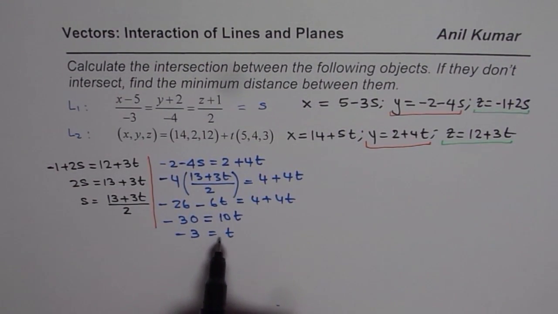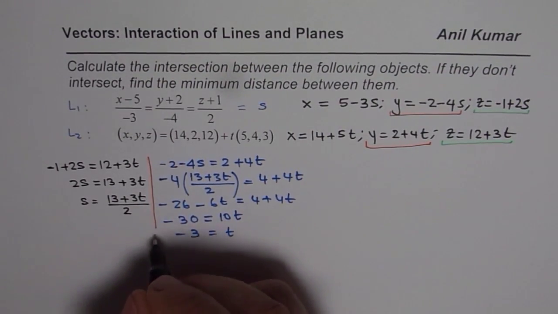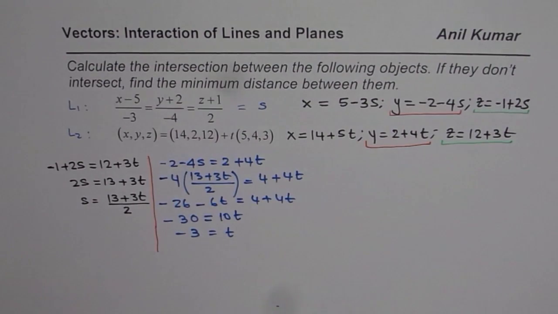Once you get t as minus 3, you can substitute in the first equation and write what s is equals to.